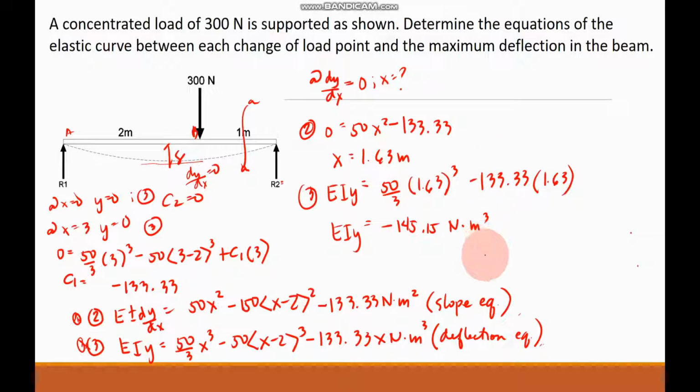So, this would be our final answer. So, this one for the maximum deflection in the beam. And also, this negative sign indicates that Y is downward or yung deflection natin is in downward motion.